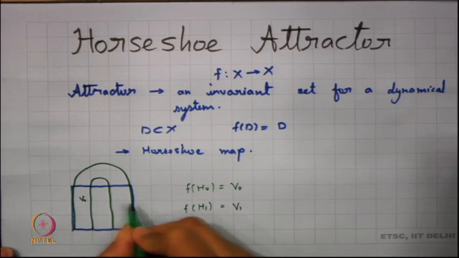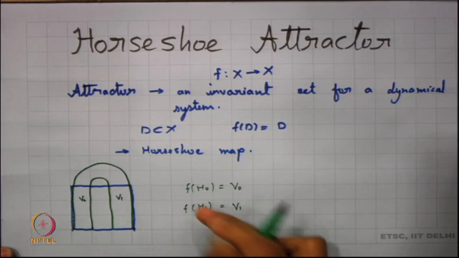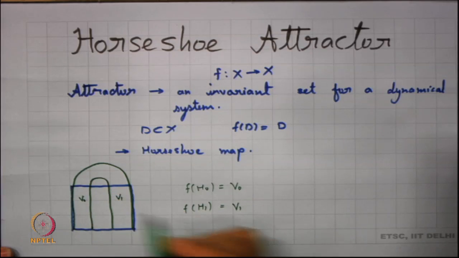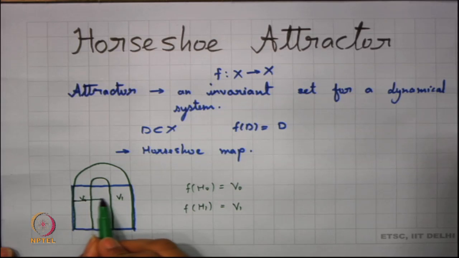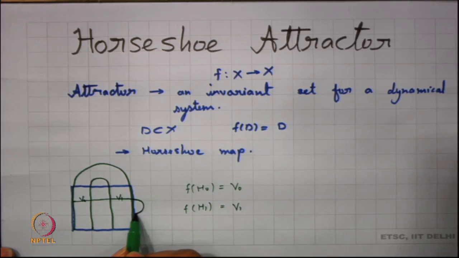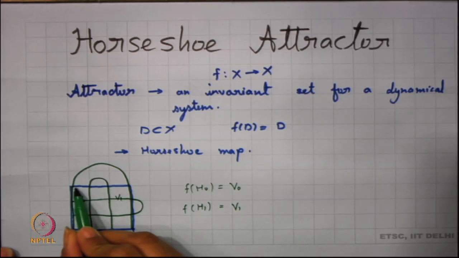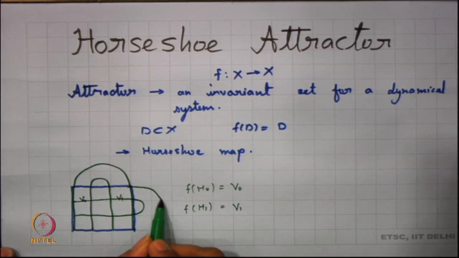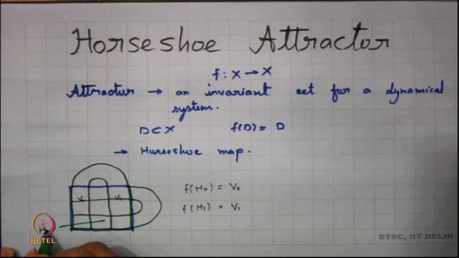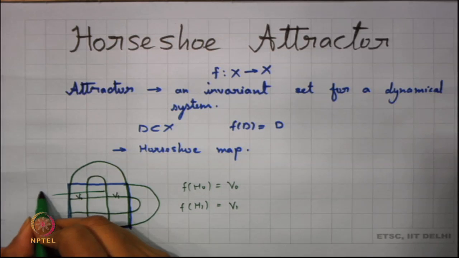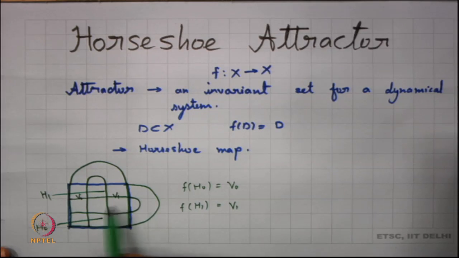So, this is our V naught, this is our V 1, and similarly you can have the inverse transformation also, where V naught is mapped onto H naught and V 1 is mapped onto H 1 under f inverse.